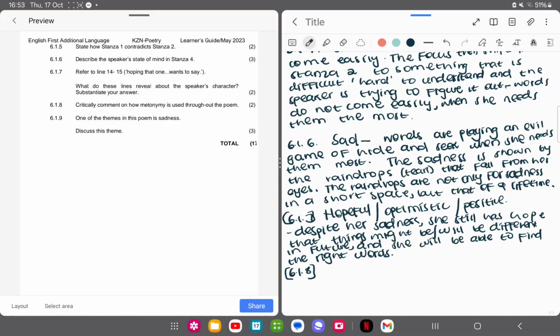Well, a metonymy is a word that is used in place of something it is derived from or it stands for. We can, for example, say that I am reading Shakespeare. When you say I'm reading Shakespeare, you're not exactly reading the human or the person behind.